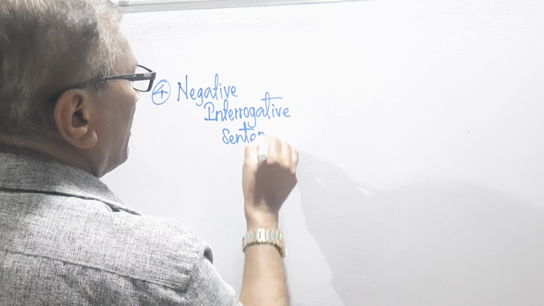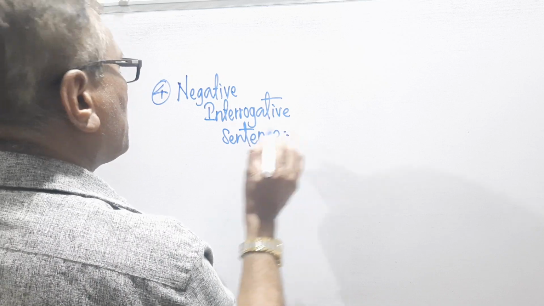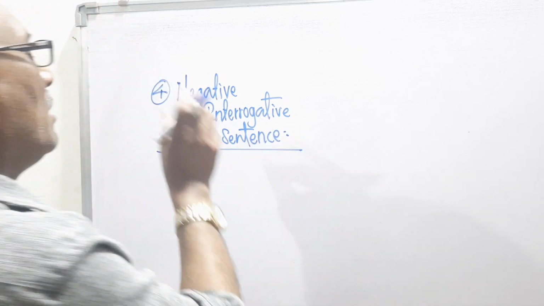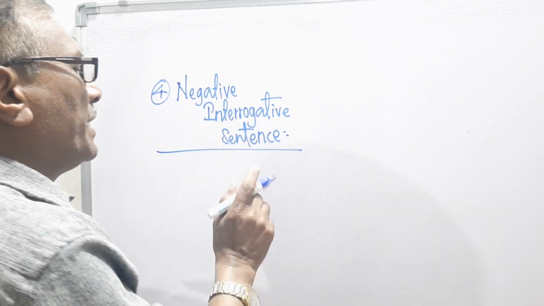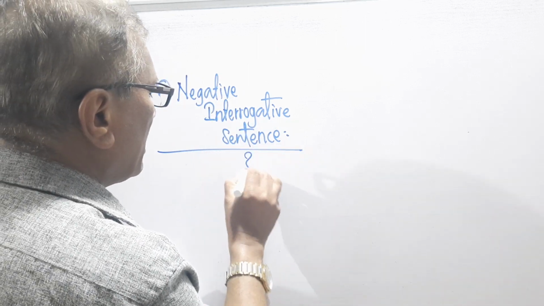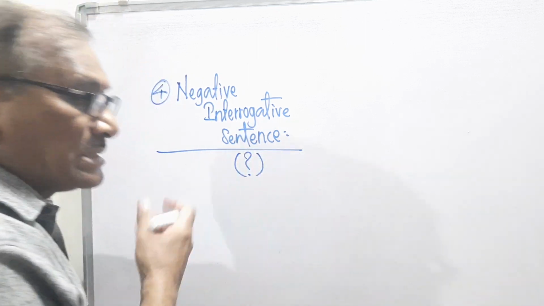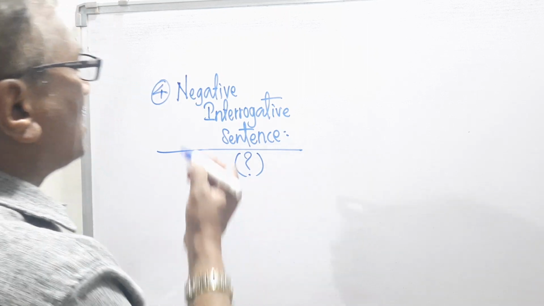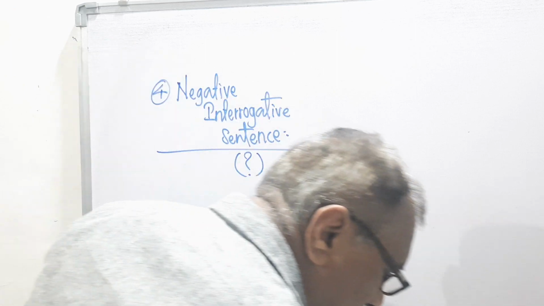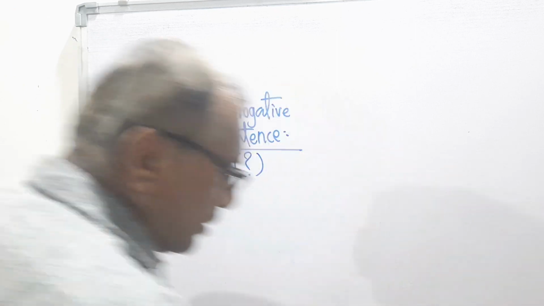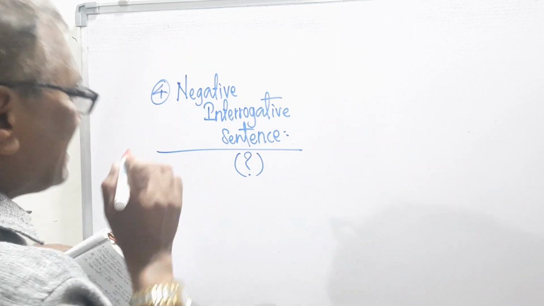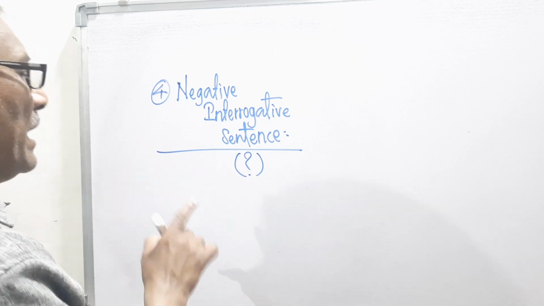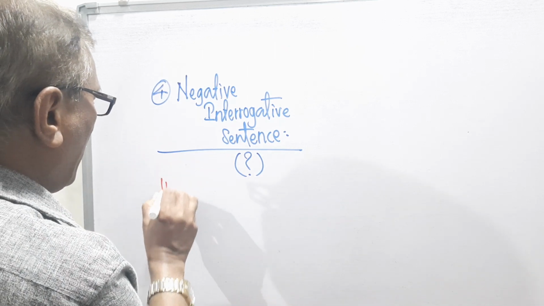So we are discussing now the negative interrogative sentence, means the question sentence. We will prepare the question. To prepare the question, I will give the sentence at first, a simple negative.